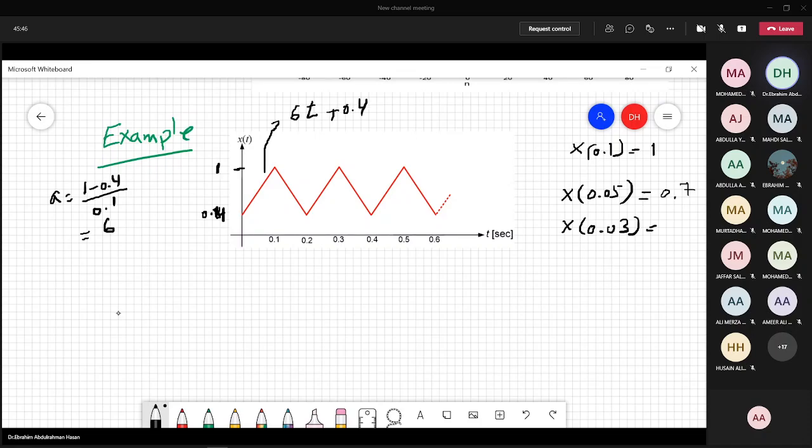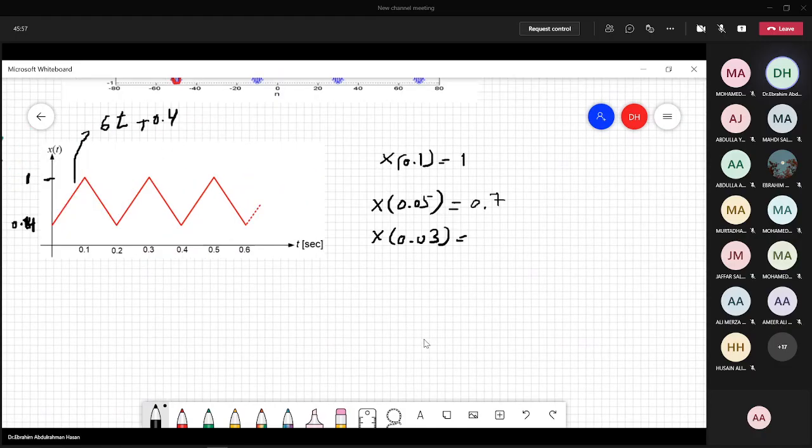Now that we know the equation of the line, at 0.03 it is equal to 6 multiplied by 0.03 plus 0.4.